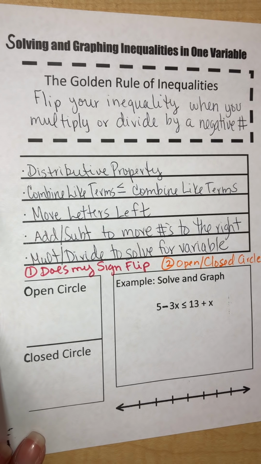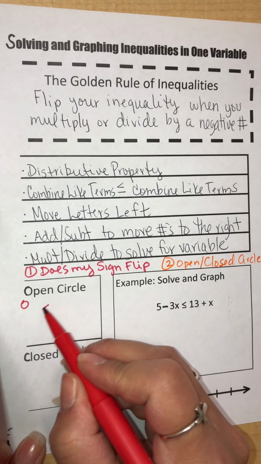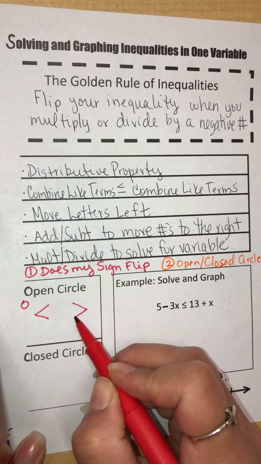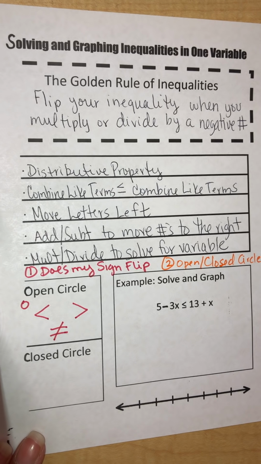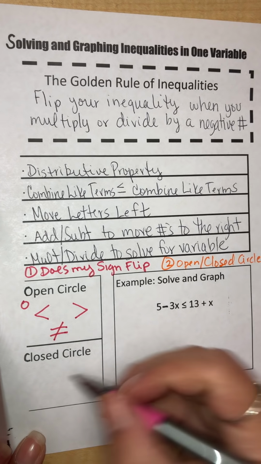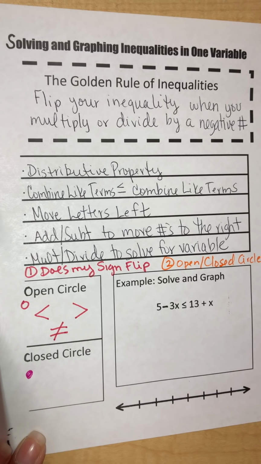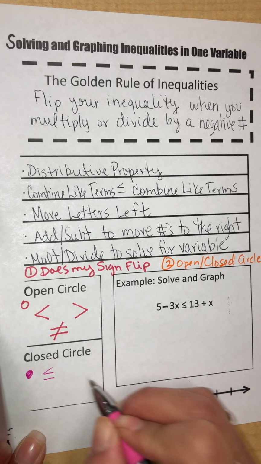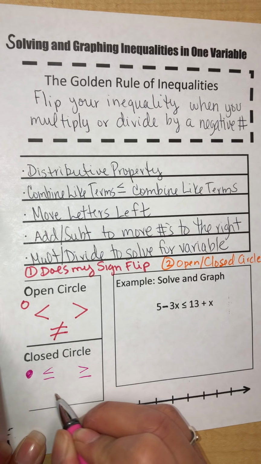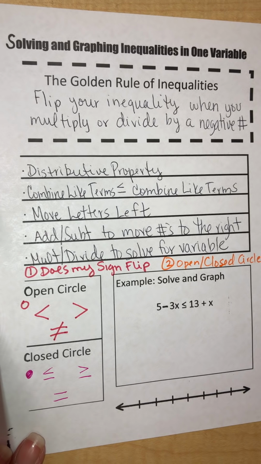Don't forget, open circles are not shaded, and we use those for inequalities like less than, greater than, or not equal to, because we don't want to include the number. That number is not going to be one of our solutions. The closed circle is shaded because that number will be part of the solution, so we'll use it for less than or equal to, greater than or equal to, or your equal sign.